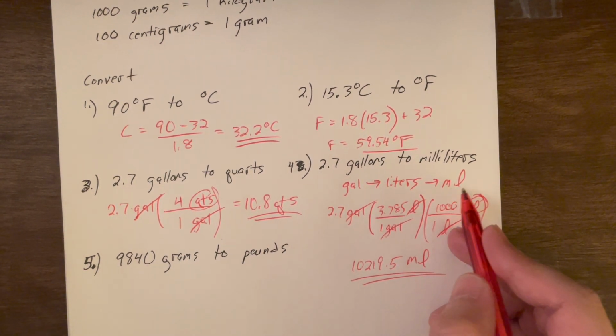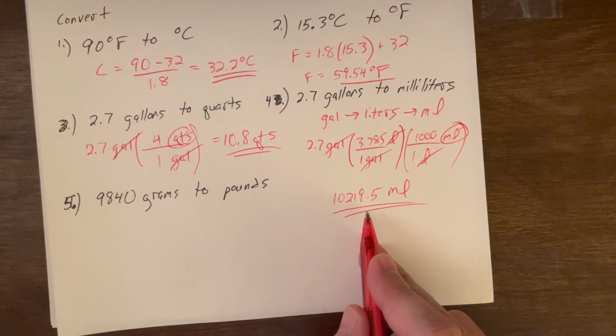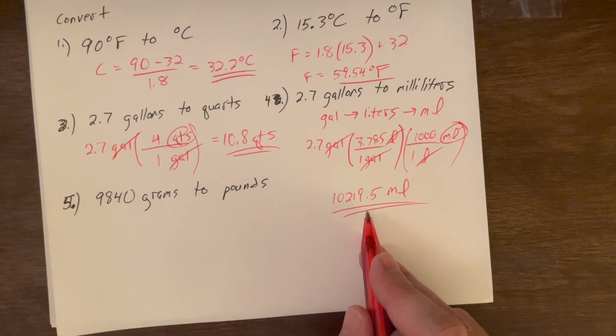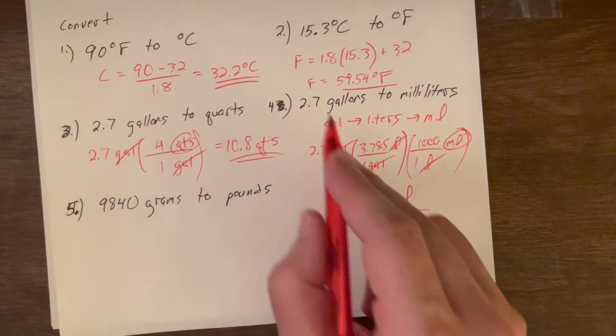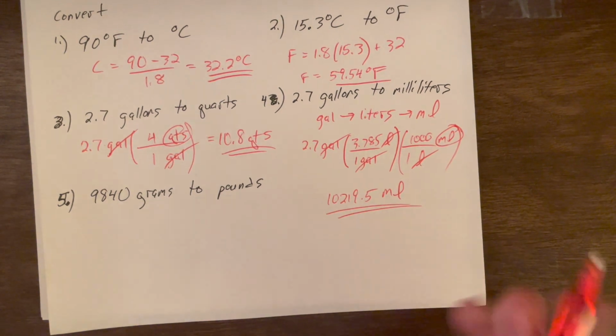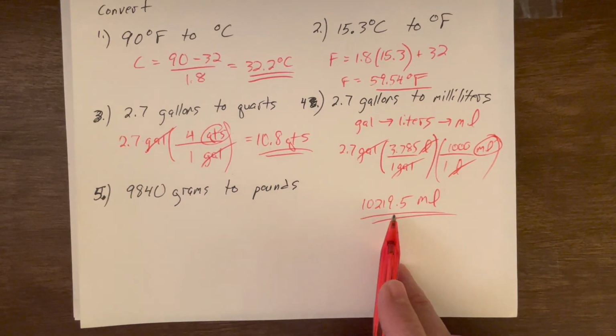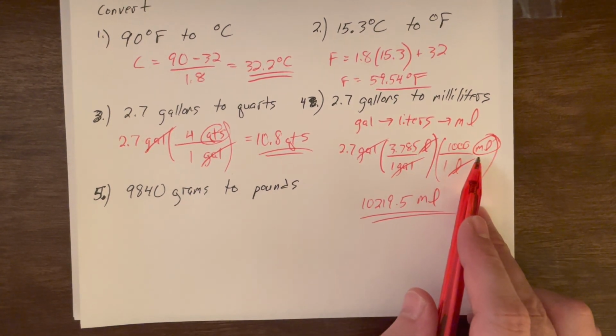So this is a very, very small unit compared to this, so it makes sense that there's a lot more. But again, a lot more, if you got 500, that's a lot more than 2.7. So we got 10,000. We don't have enough background to say, yes, that's definitely right. We have to rely on the arithmetic we're doing.